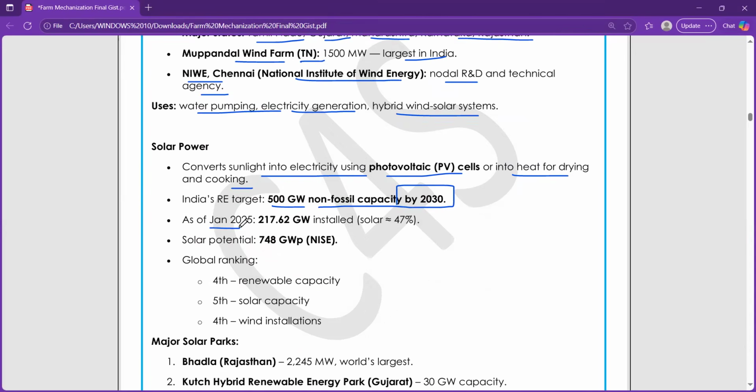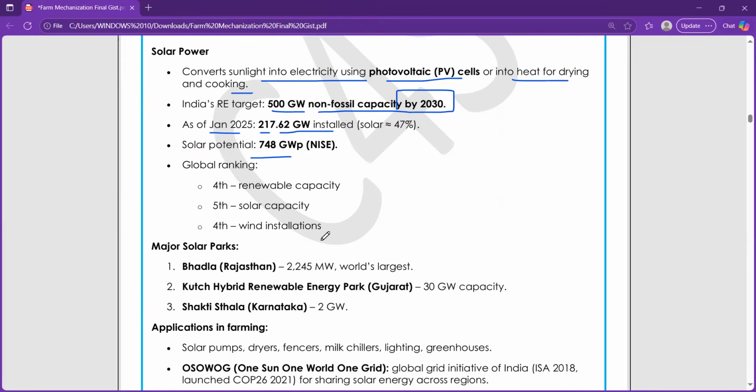As of January this year, we have installed 217.62 gigawatts of solar power, and we have a potential of 748 gigawatts. And what are the global rankings? We are fourth in global renewable capacity, fifth in solar capacity, and fourth in wind installation. So these data are again very important for the NABARD exam.